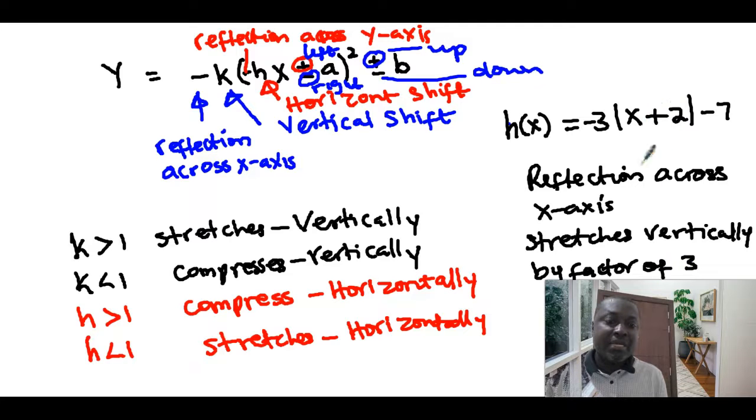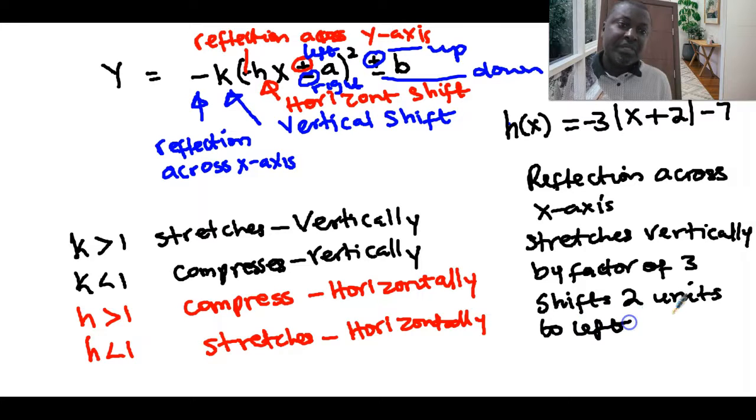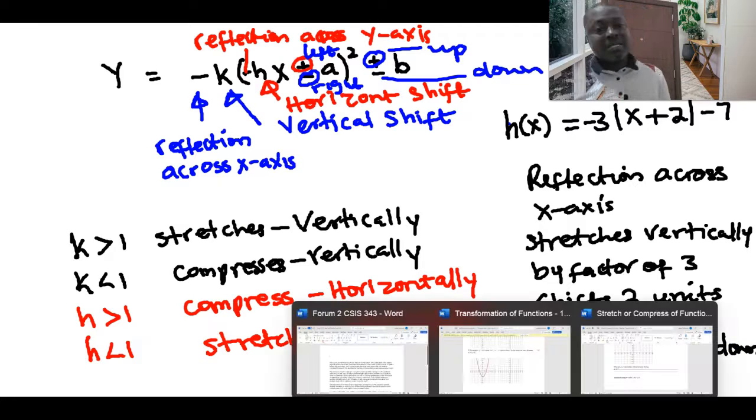And then here plus, so when it's plus, you can say that it shifts 2 units to the left. And then finally, this -7 here, you can say it shifts 7 units down. And that is what is happening.